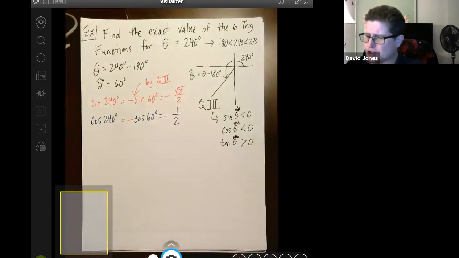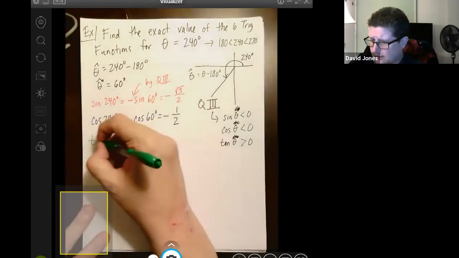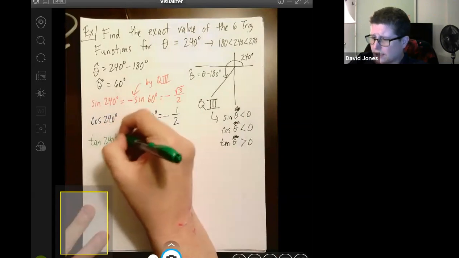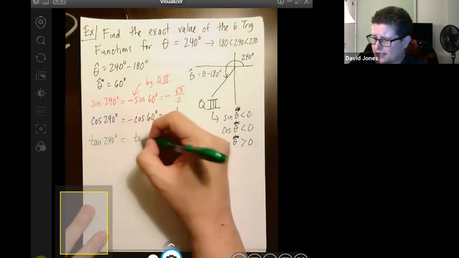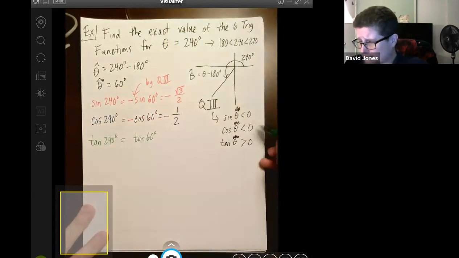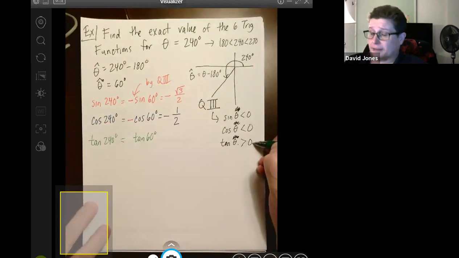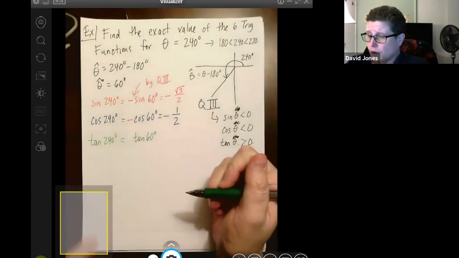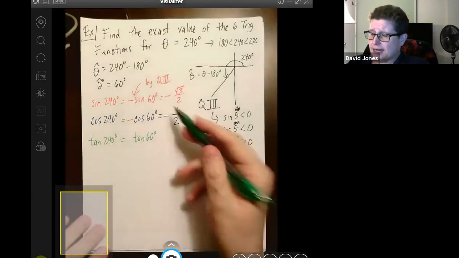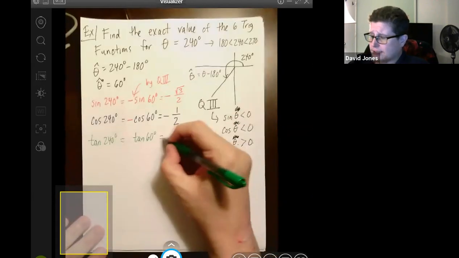And finally, tangent is the same thing as tangent of 60 degrees. Tangent of 240 is positive, so was tangent of 60. What was tangent of 60? It's sine over cosine. It's equal to root 3.